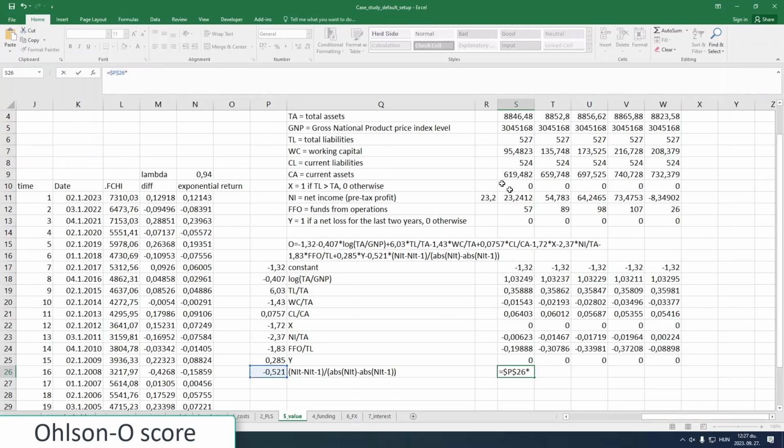And divided by the absolute value. So, how did profitability increase in absolute terms since the last year?